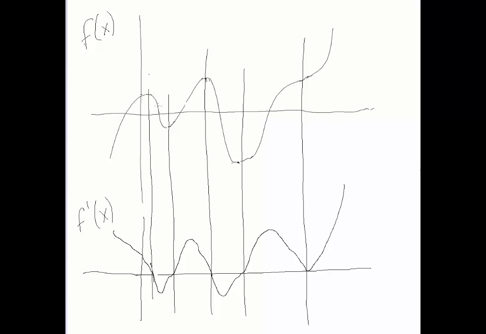Now here's an inflection point. This is where the slope changes. So we saw what happens with an inflection point when it's concave down. So here we have concave down, which means the slope decreases.